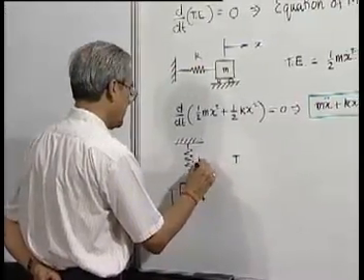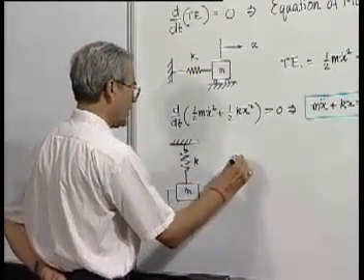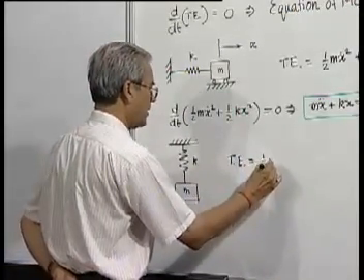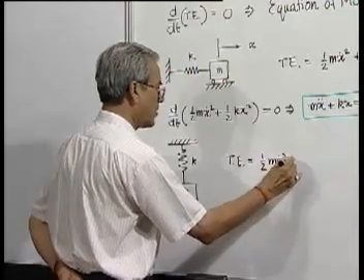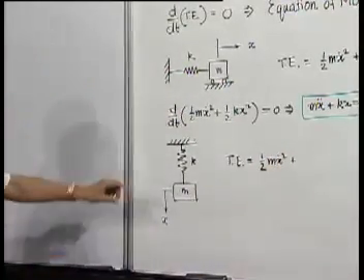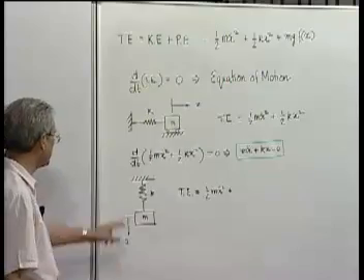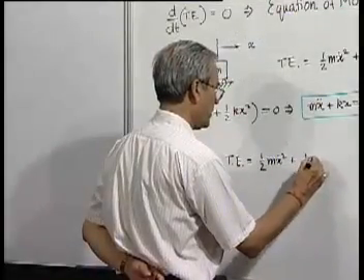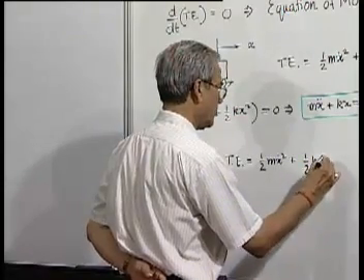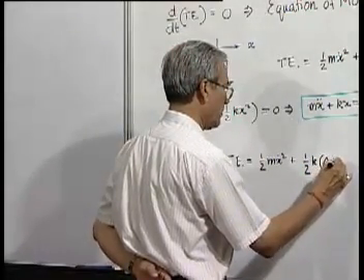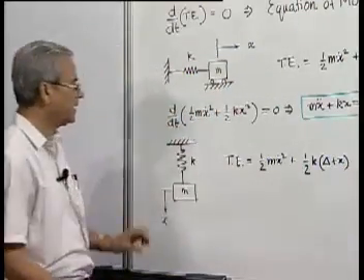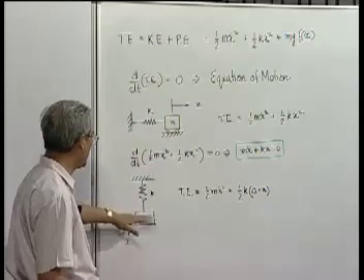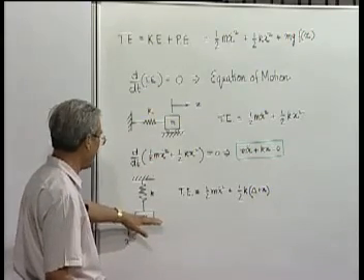If this is K, this is M, total energy is kinetic energy, which is half m x dot square, and this amount of stretch in the spring will be half K into delta plus x, if delta is the stretch from its natural length to the position when it was in equilibrium under the action of gravity.